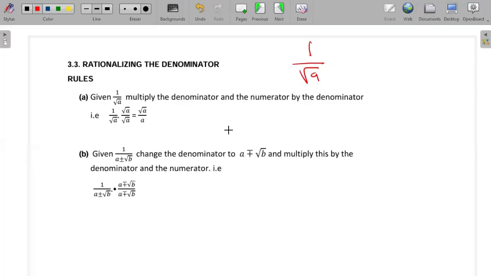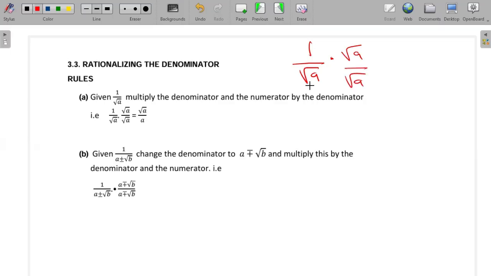Okay, so what we're saying is when rationalizing the denominator, if we just have 1 over that radical, we multiply by that radical both in the numerator and in the denominator. So here you multiply by root A divided by root A.